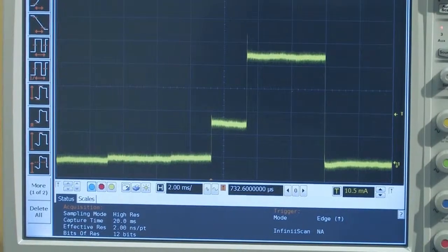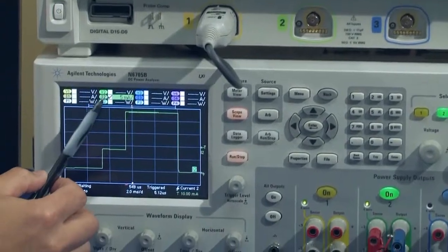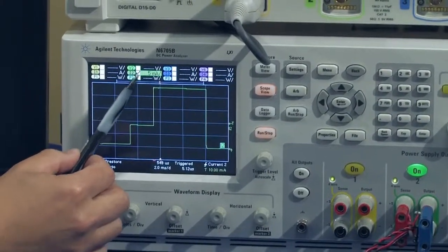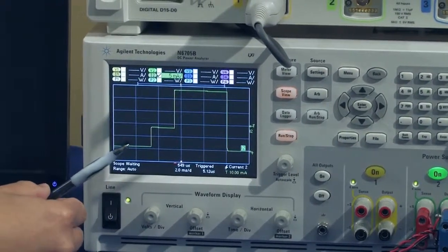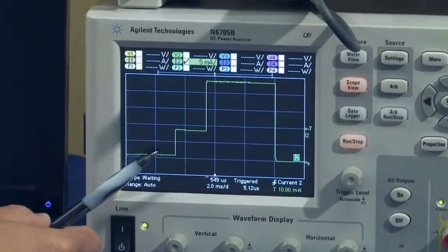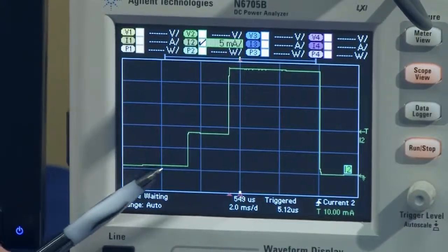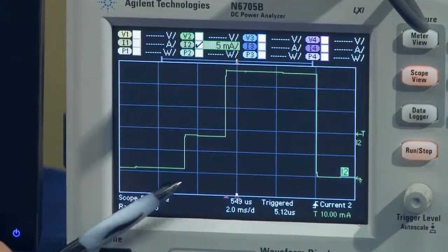So now below, with the N6781, at 5 milliamps per division, you could see that the signal-to-noise ratio is a lot lower. So comparing the two signals, you could definitely resolve a lot more information here.